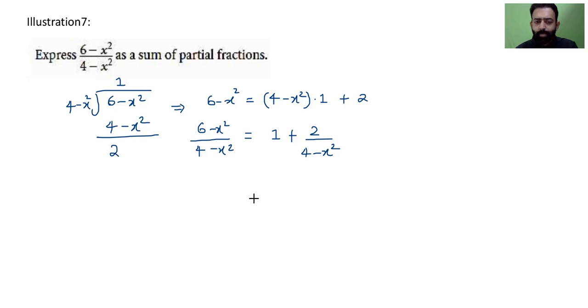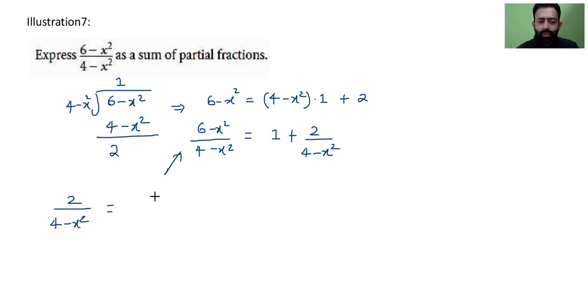So instead of dealing with 6 minus x square, we will deal with 1 plus 2 upon 4 minus x square. Instead of writing this as a sum of partial fractions, 1 will remain 1. So basically we have to pick up this 2 by 4 minus x square.